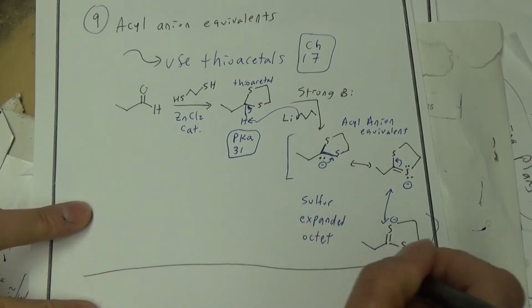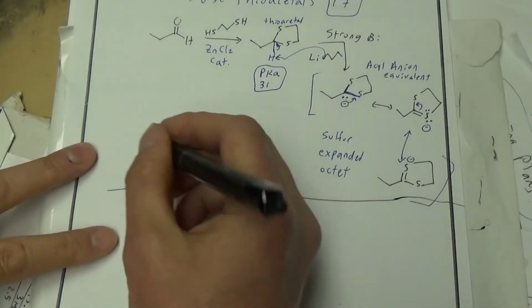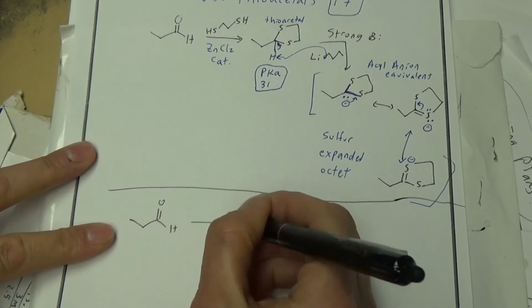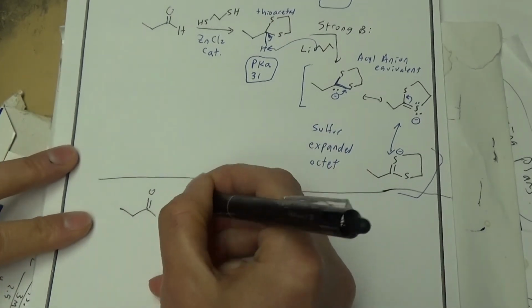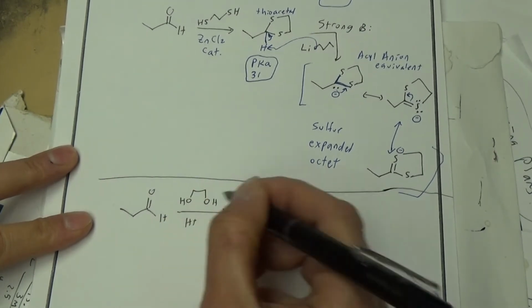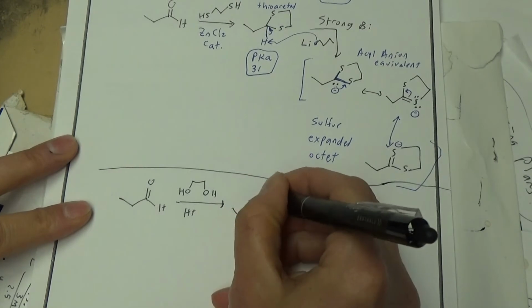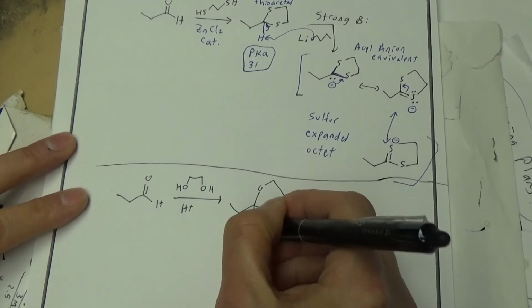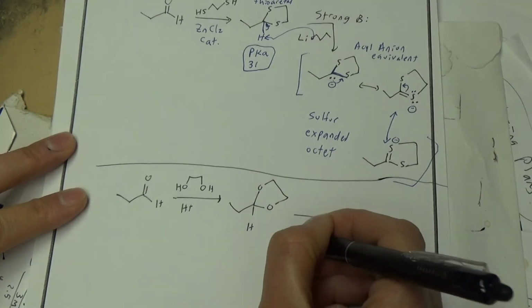Now, what about normal acetal with oxygen? Can we do that? So normal acetal is the oxygen version of this. We don't use zinc, we use just proton, and then we get a normal acetal, right? Could we do the same thing with the butyl lithium?